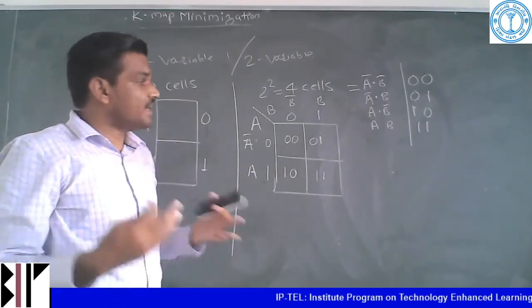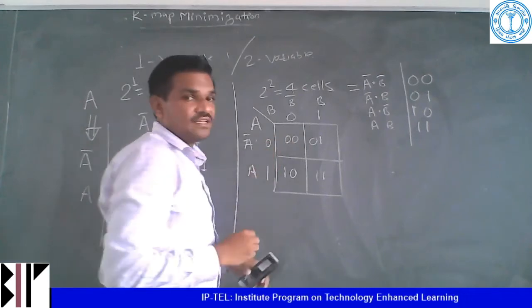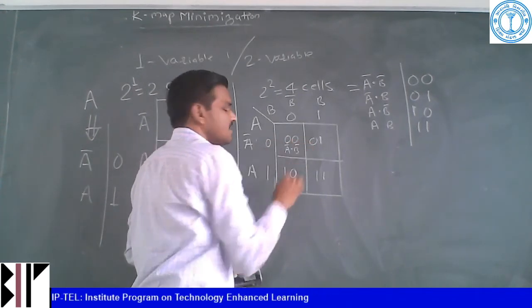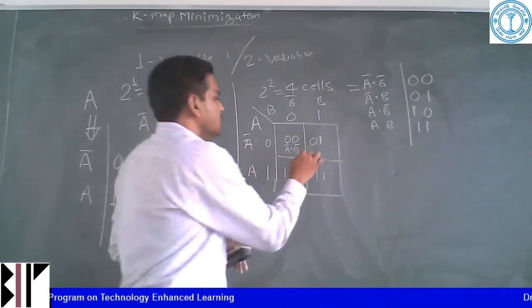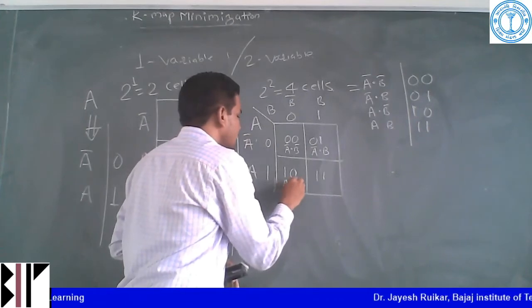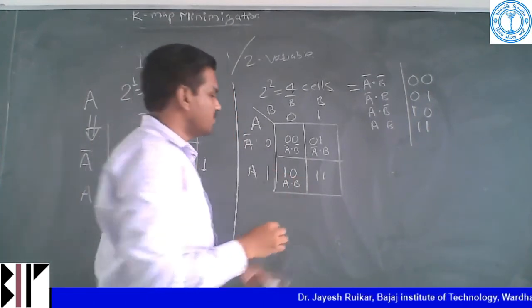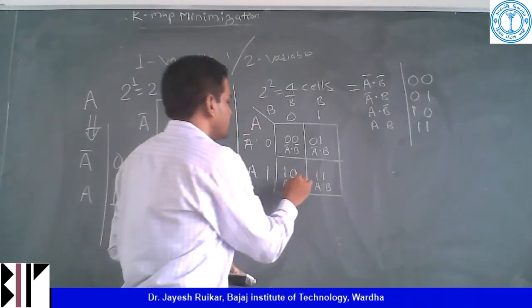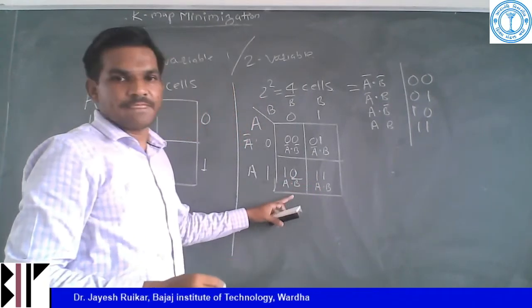In terms of variable form, how will it be presented? I will represent it as A bar dot B bar, writing it in short. Then A bar dot B, then A B. Sorry, this is not A B; this is A dot B bar.